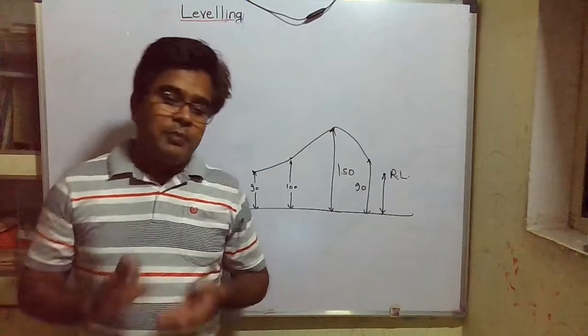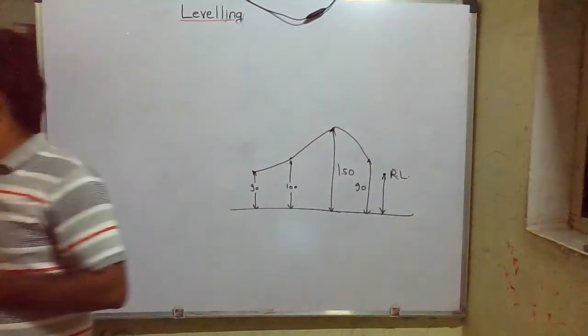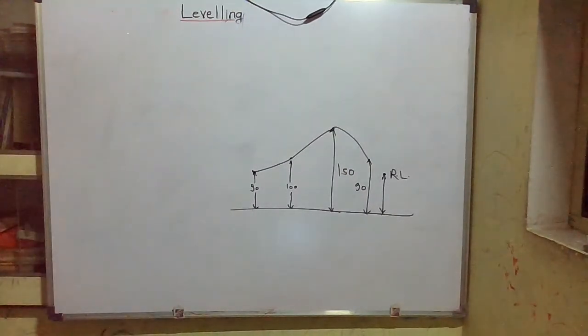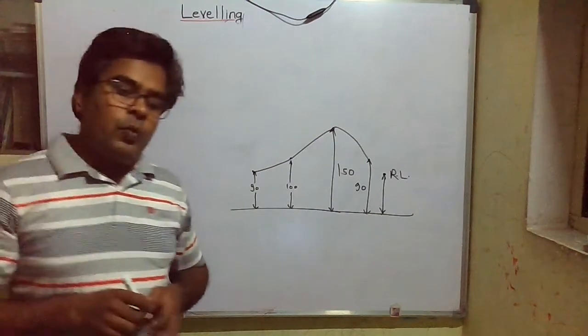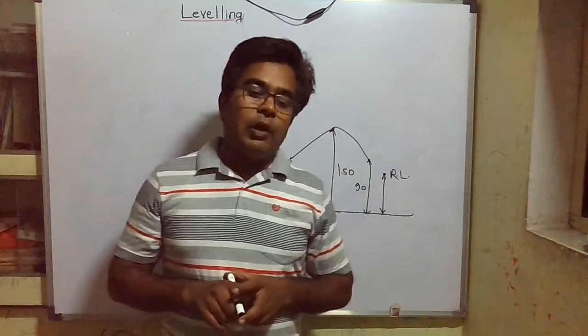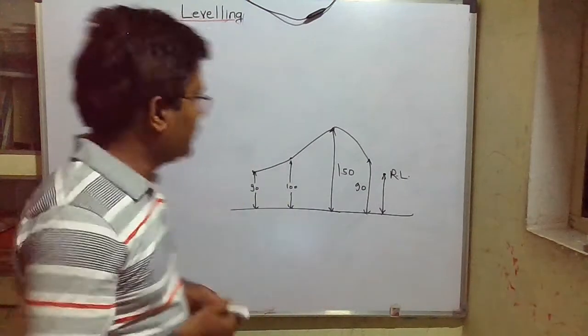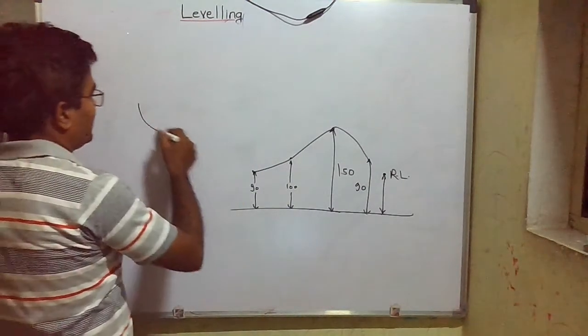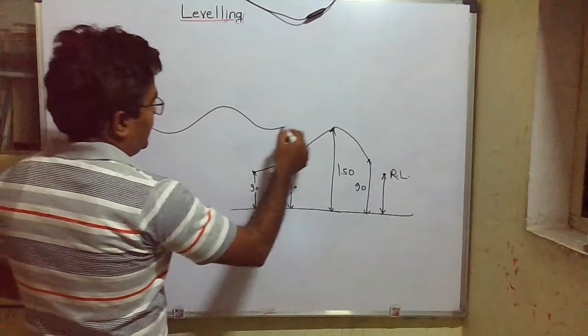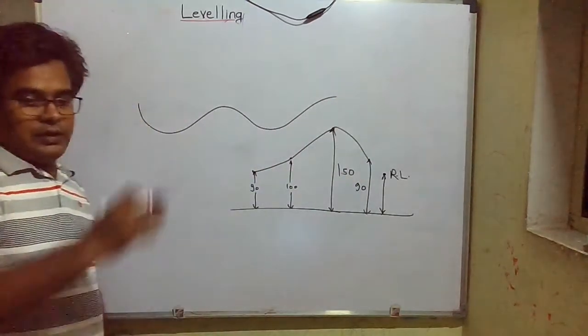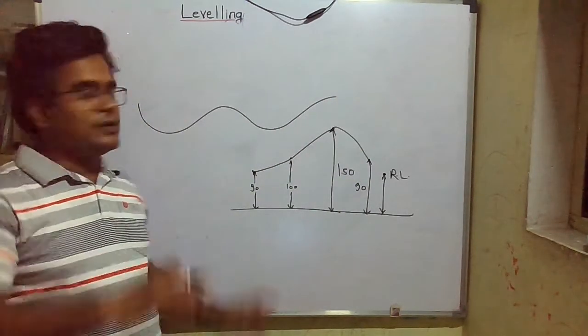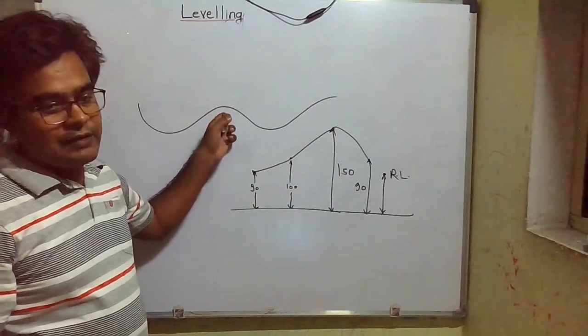So by measuring vertical distances of different points, we come to know the nature of the ground, that is the nature of the earth surface. At some places the earth surface is at lower elevation, at some points it is at higher elevation.